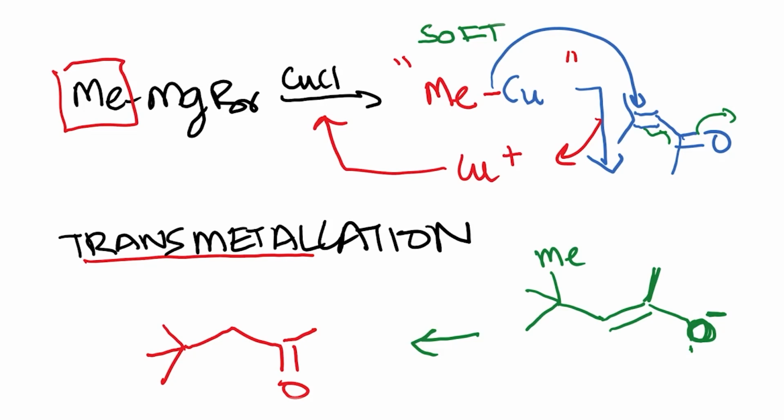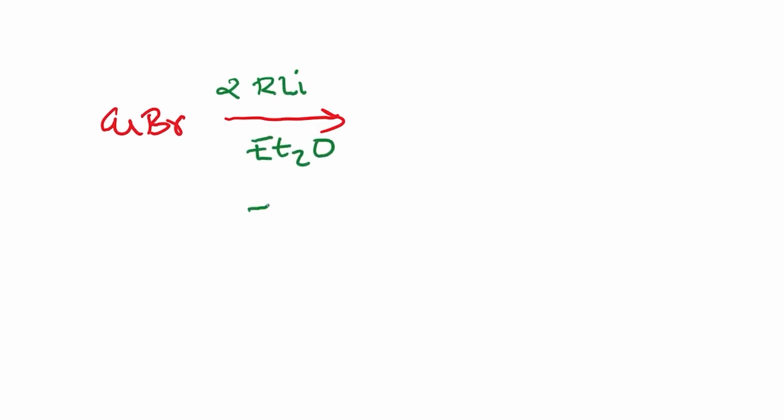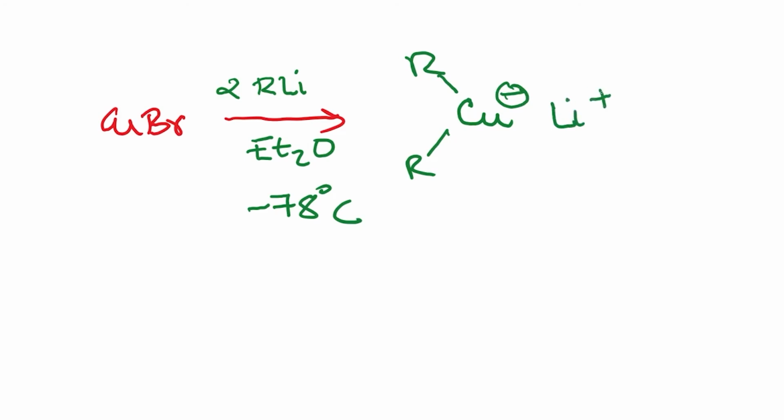Alternatively, what one could do is to start with the organocopper reagent. So what you do is you take CuBr, and then you add 2 moles of RLi. Okay, and this is usually done in ether at minus 78 degrees centigrade conditions, and this forms the copper R2 minus Li plus.